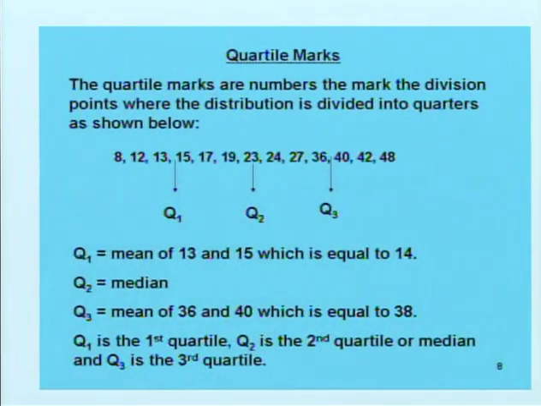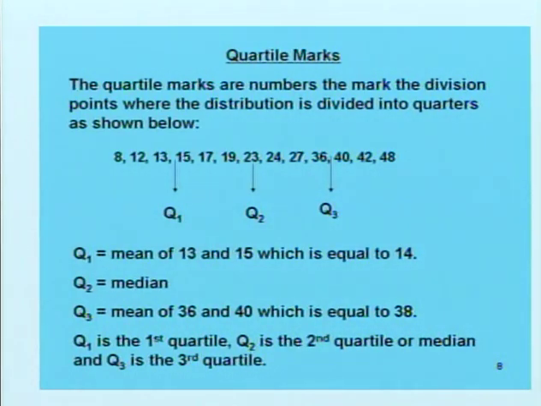Quartile marks. The quartile marks are numbers that mark the division points where the distribution is divided into quarters as shown below. We have the scores arranged in order, lowest to highest. We find the score that is in the middle. Earlier we saw 23 is in the middle of this set of scores, and that is labeled Q2, meaning the second quartile.